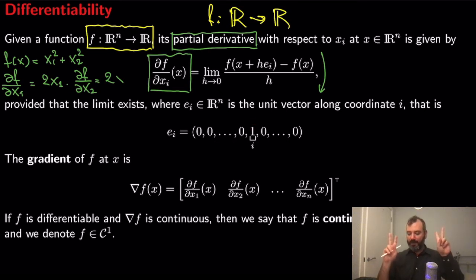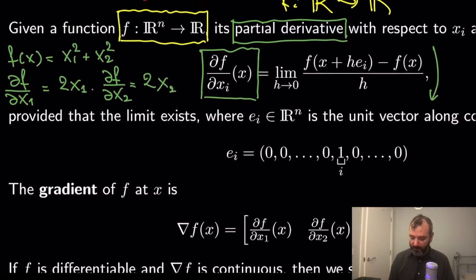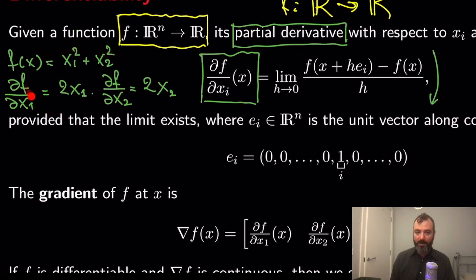It wakes up and takes into account only the ith coordinate. But the bottom line is that this is how partial differentiation works. And we ended up here with two derivatives, not just one. So this function has two partial derivatives, with respect to x1 and with respect to x2.